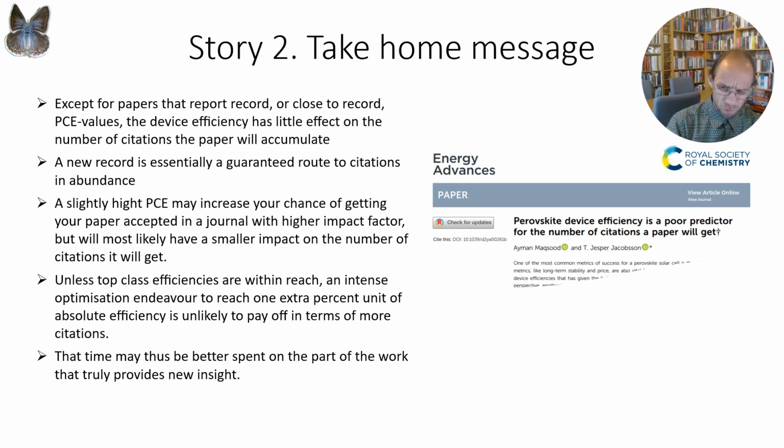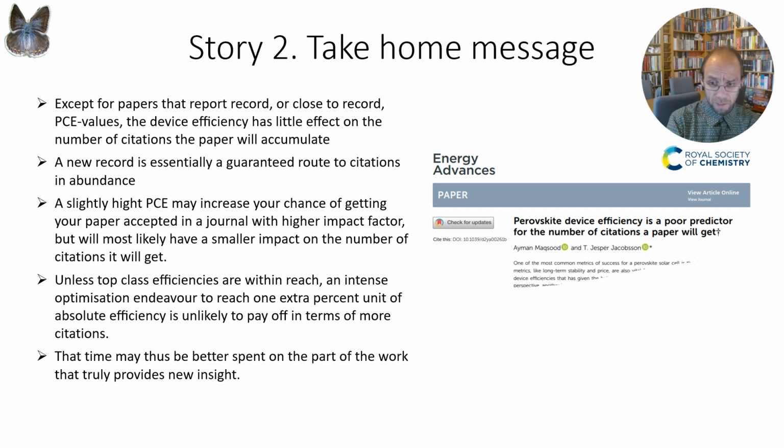And it also turns out that a slightly higher efficiency may increase your chance of getting your paper accepted in a journal with a somewhat higher impact factor. But once it has been accepted there, it doesn't seem to have all that much of an effect on the number of citations you will get.